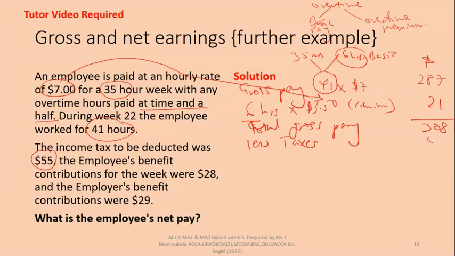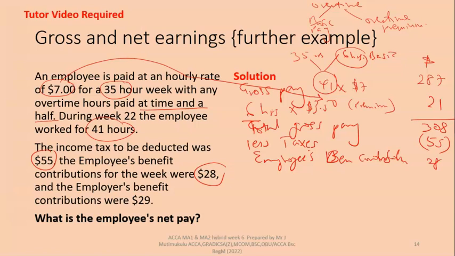So let us deduct from this guy's salary 55 for tax, and then also the employee's benefit contributions for the week were 28 bucks. Okay, so 28 bucks. That is employee benefits contributions. We are told that they were 28.